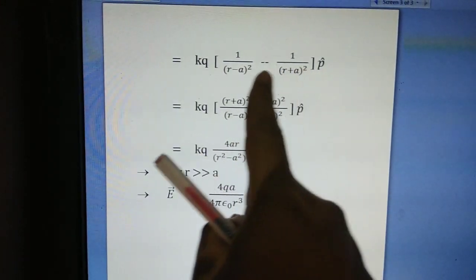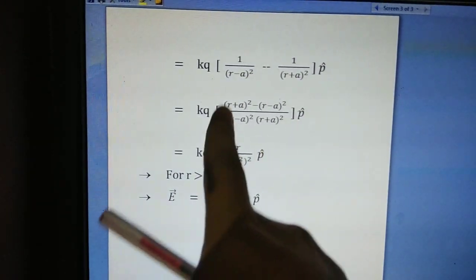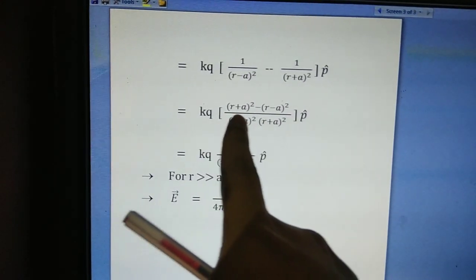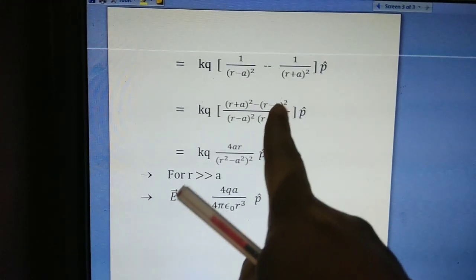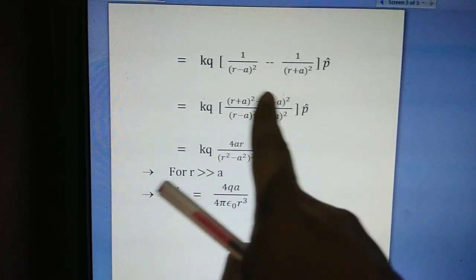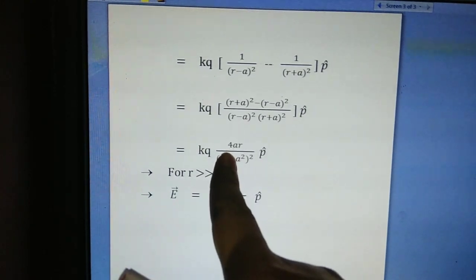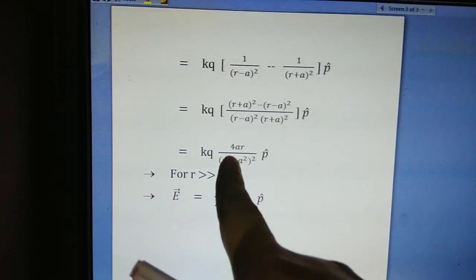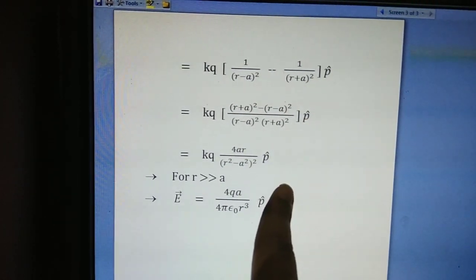Now find the LCM. Solving the numerator, (r square plus 2ar plus a square) minus (r square minus 2ar plus a square), we get kq times 4ar upon (r square minus a square) whole square, p cap.